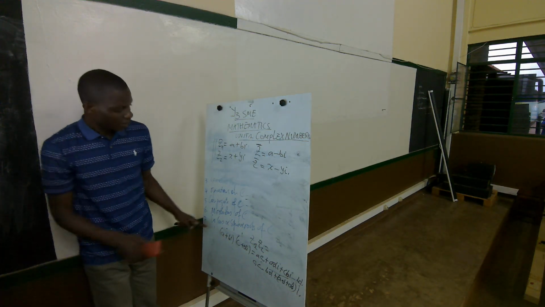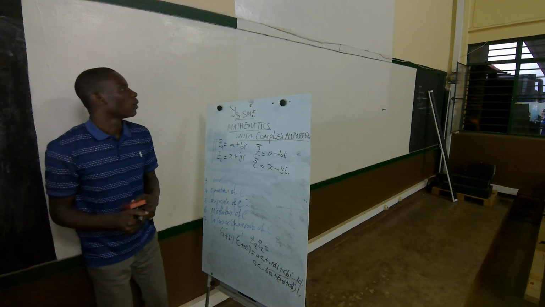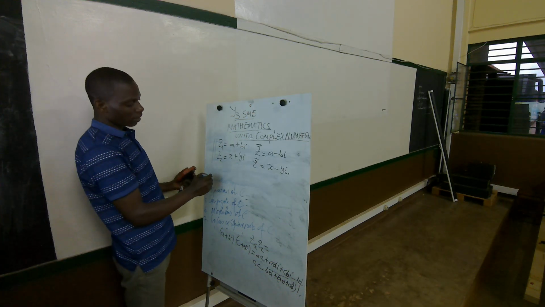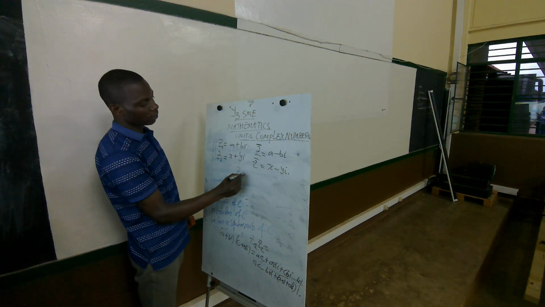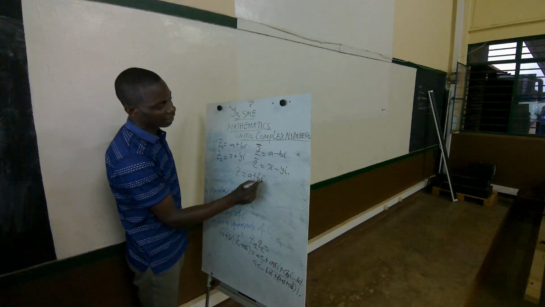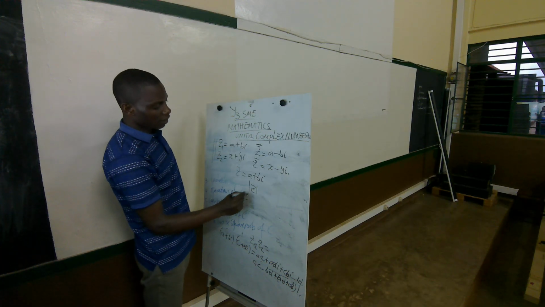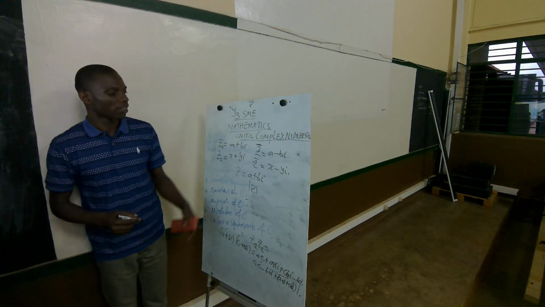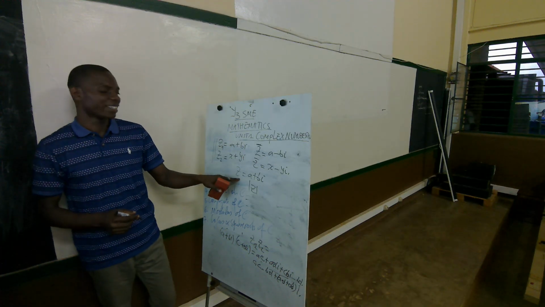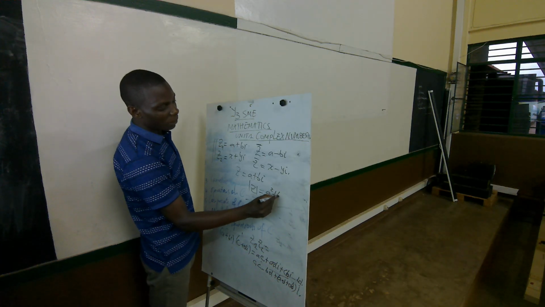Another case is about the modulus of a complex number. If you have z which is equal to a plus bi, its modulus is denoted by |z| in this way. It is the distance from the origin to the point, or to this complex number z. Then it is equal to the square root of a squared plus b squared.